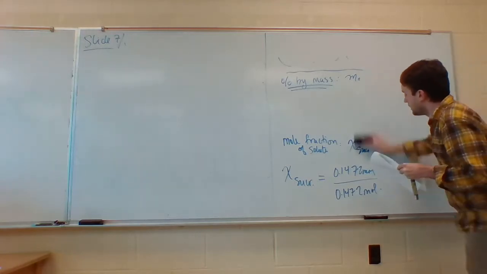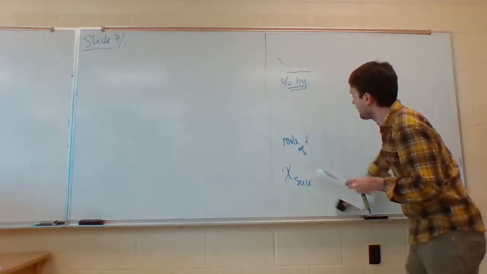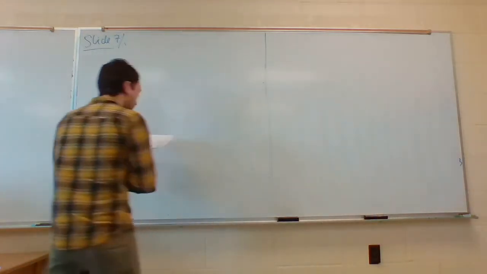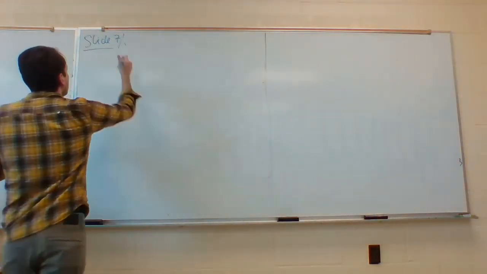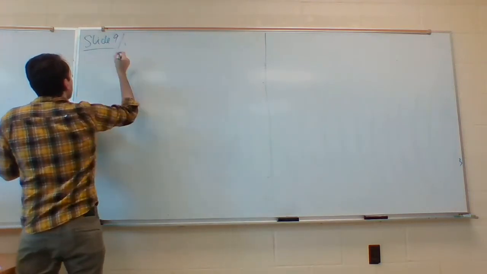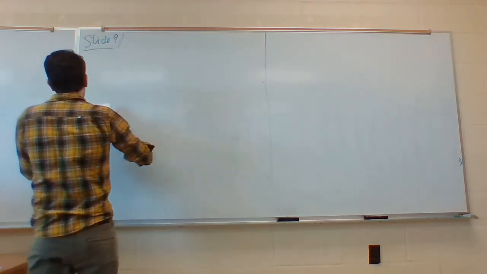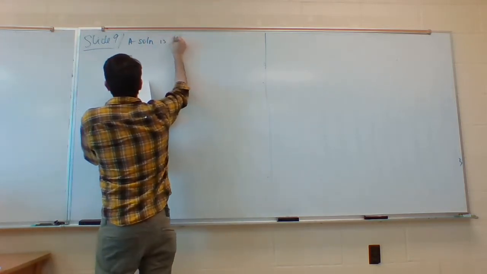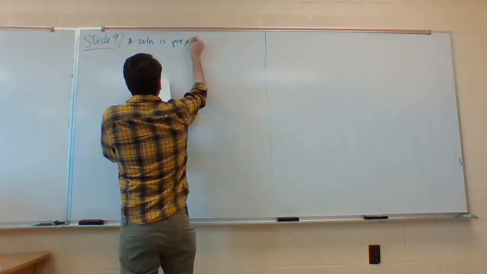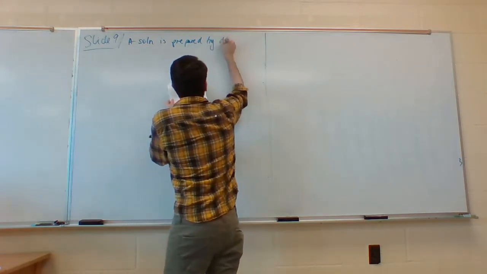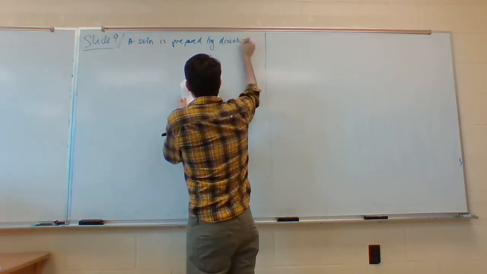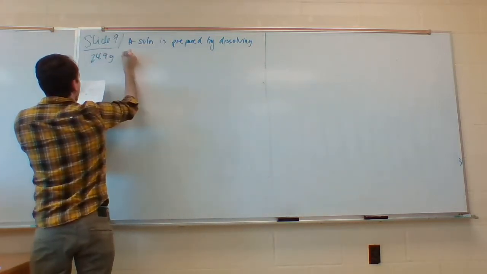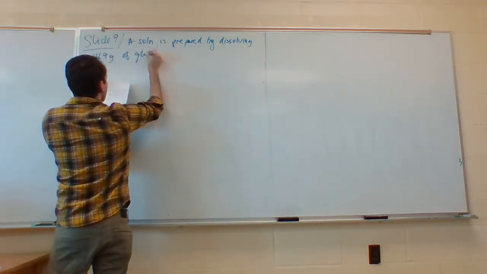So we will jump to slide 9. Again, I will let you guys do slide 8 on your own. So slide 9 is what we're going to go to next. Here, a solution is prepared by dissolving 24.9 grams of glucose.